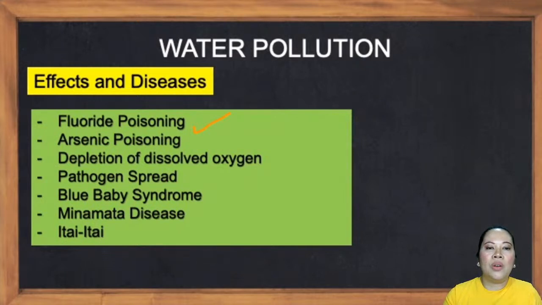Okay, so fluoride poisoning, you will have excessive fluoride. Why is it not good as well? Because fluoride has been reported to cause depression in DNA and RNA synthesis in our cells. So it's not good as well.